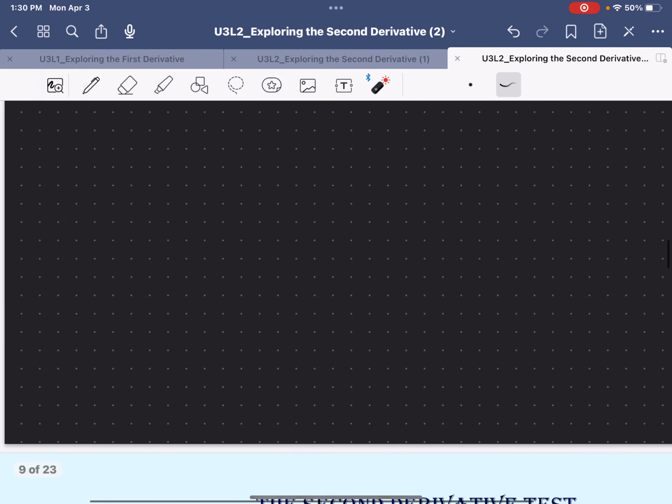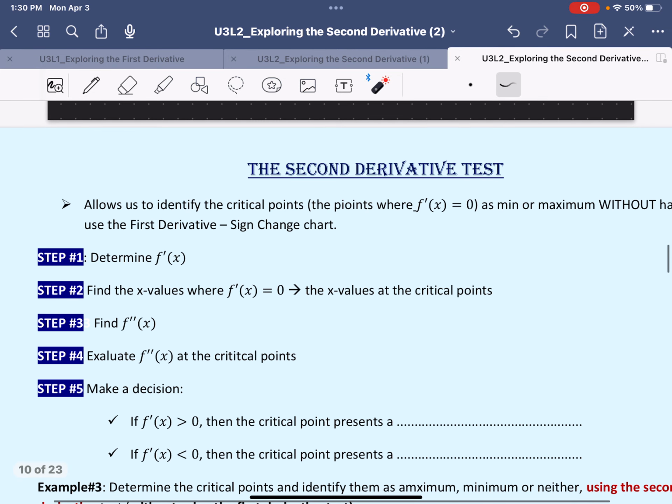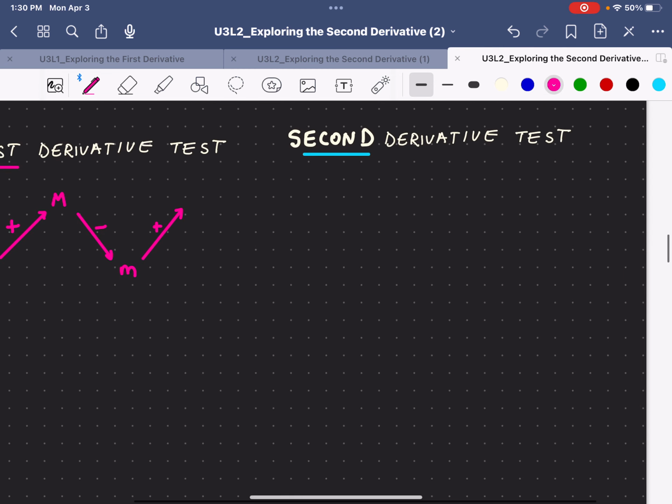Now, to best understand how the second derivative test works, I am going to draw the graph of a function that is hosting a minimum and the graph of a function that is hosting a maximum. Actually, it would be best if we did this.